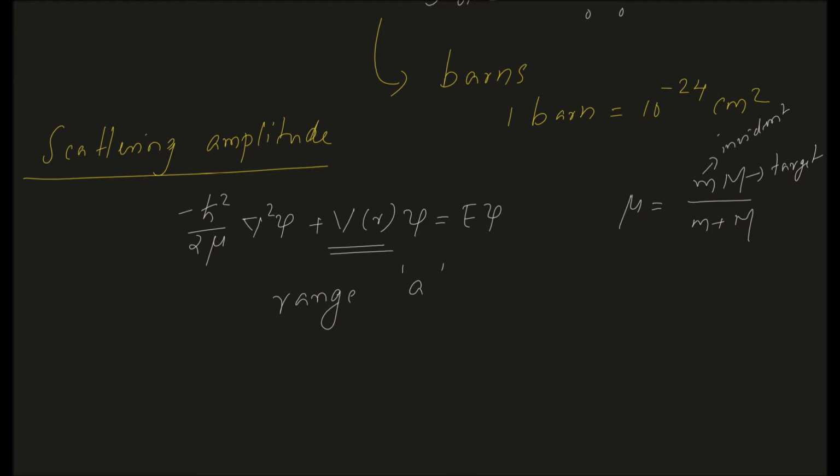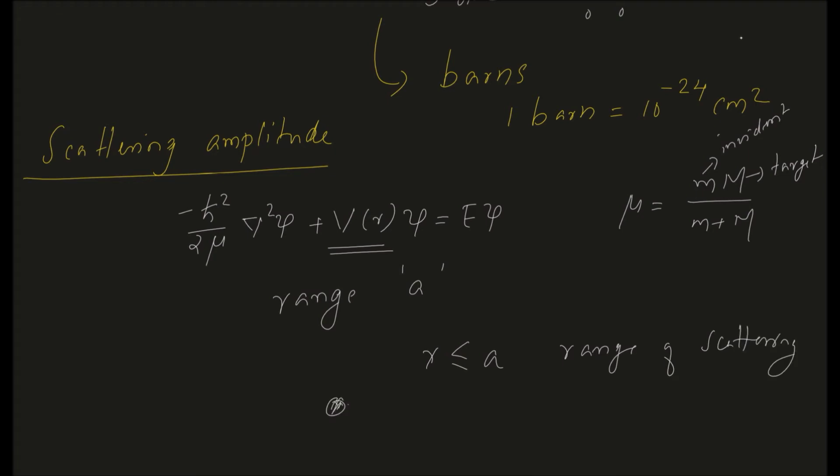A. Thus the interaction between the incident particle and the target occurs only in a limited region of space, r less than or equal to A. It's called the range of the scattering region.